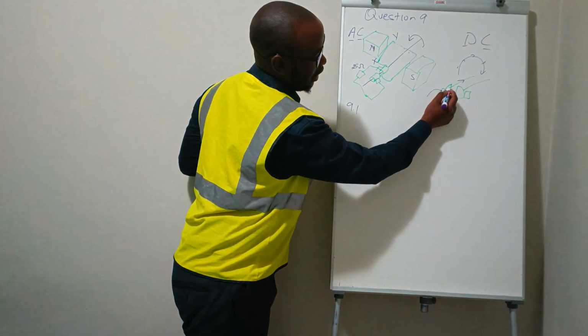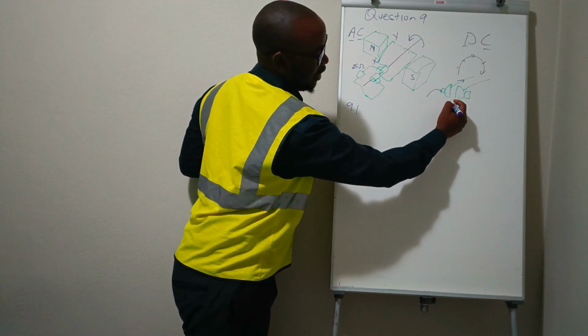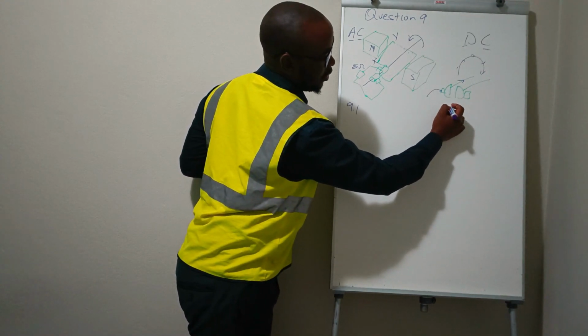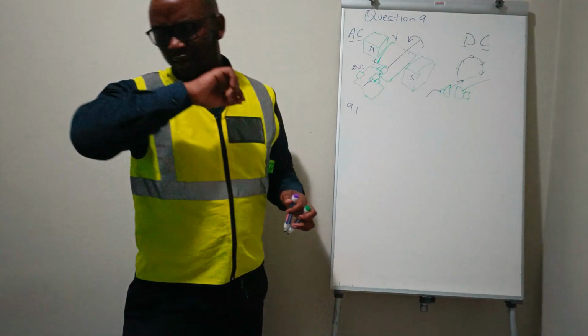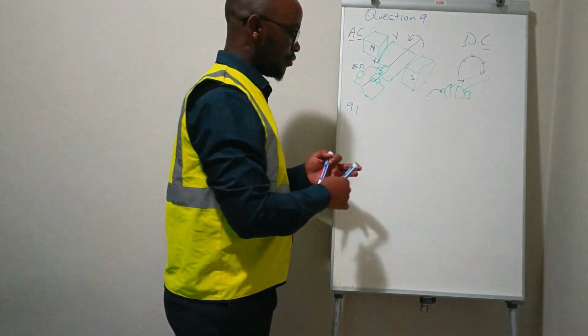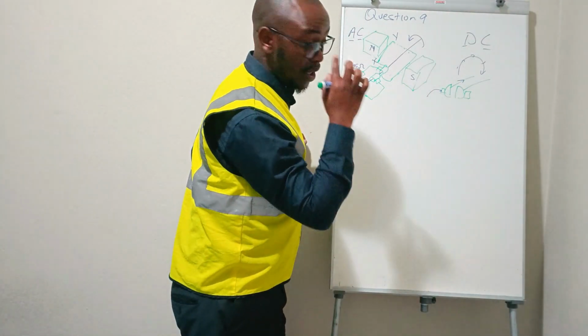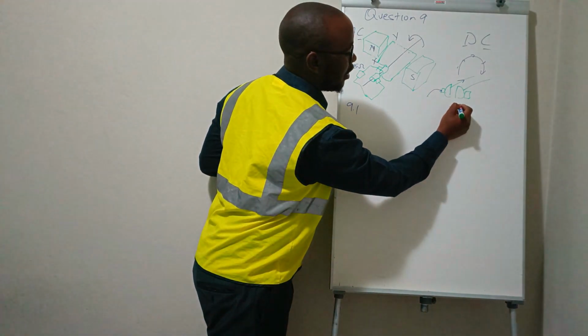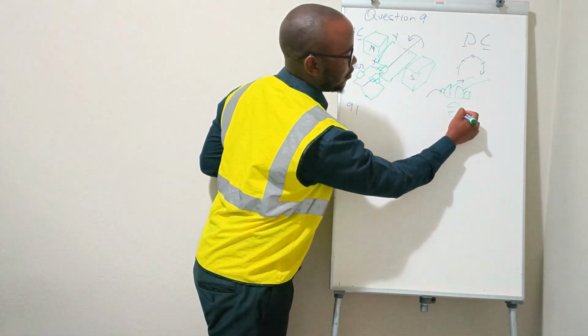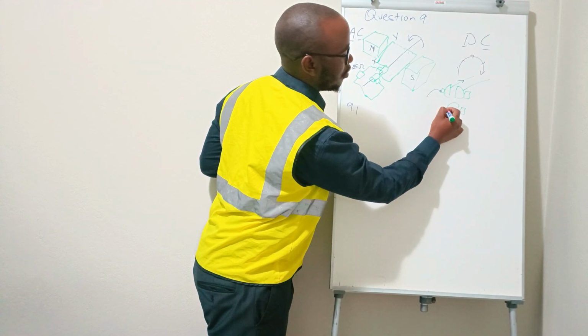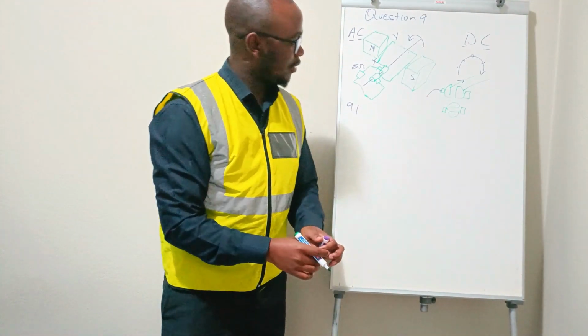So if the current is going in this direction and we get to a position where the two split rings are at this position, we have the change over.